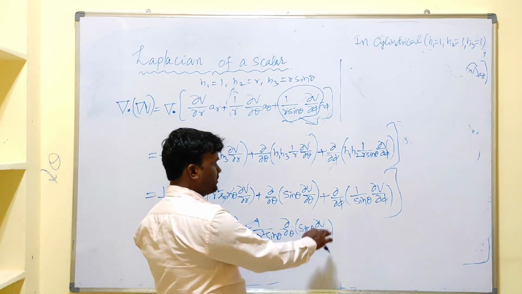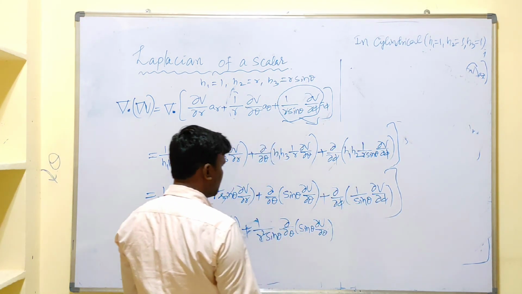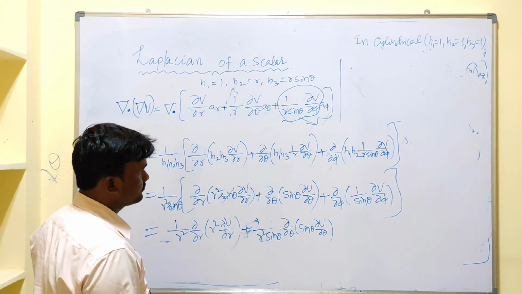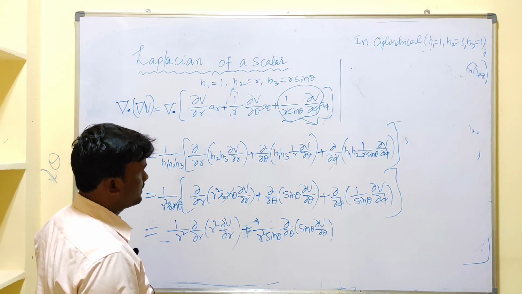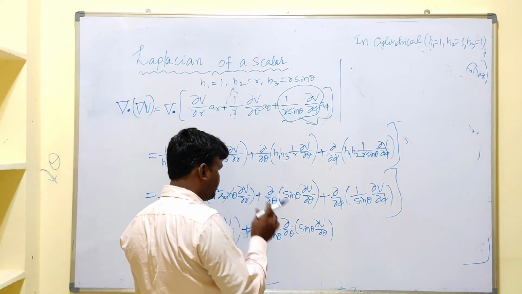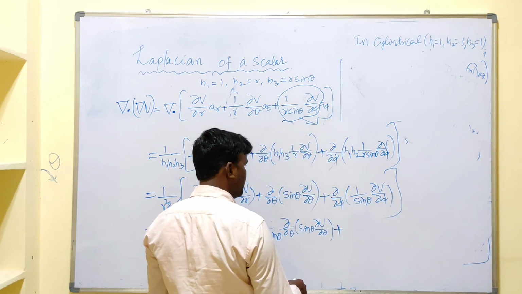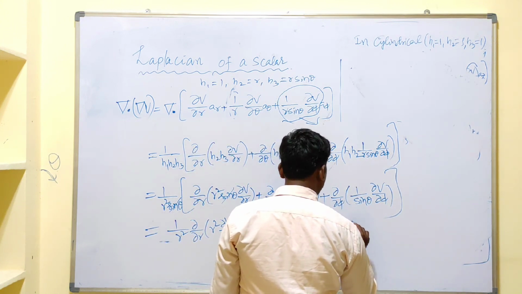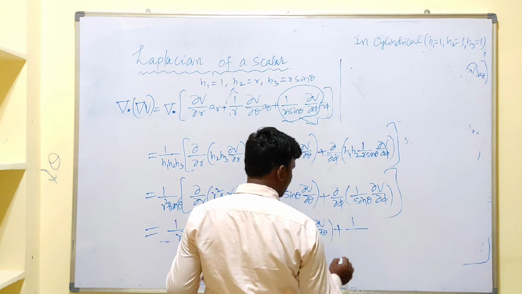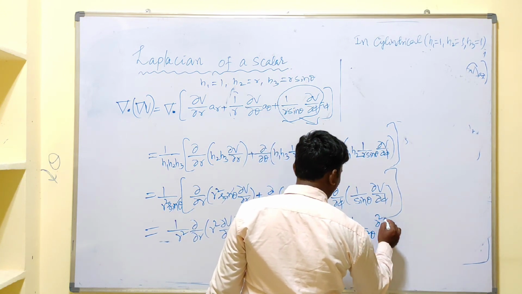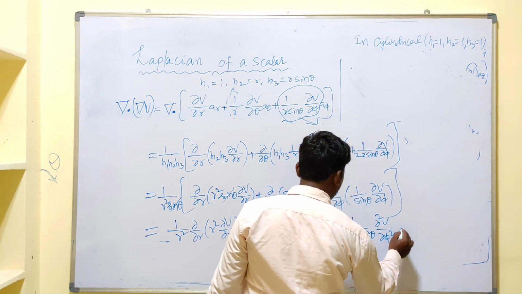Here partial differentiation with respect to φ, 1/sin θ is taken out of this one, and we can write that as 1/(r² sin² θ) ∂²V/∂φ².